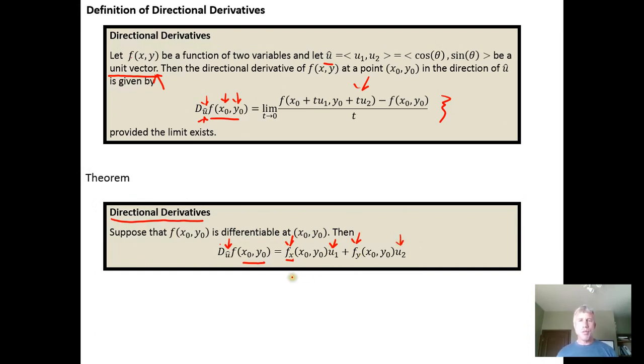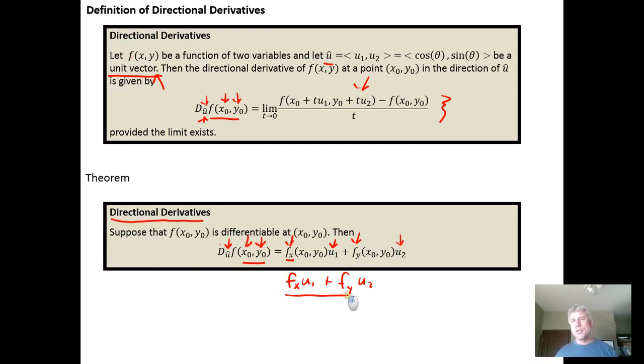And then usually I'm going to be a little bit lazy and just write this as partial derivative with respect to x times u sub 1 plus partial derivative with respect to y times u sub 2, with the understanding that the input values for the point we're interested in have to be plugged into the partial derivatives for this to work out.